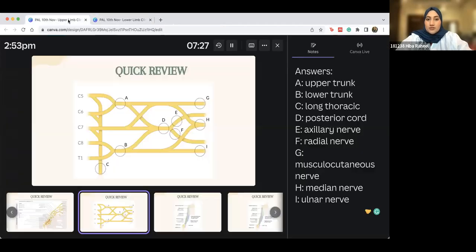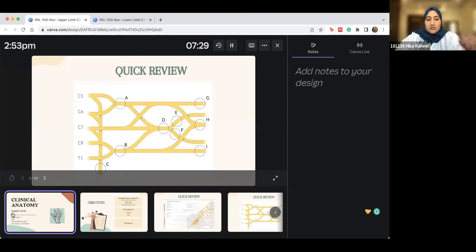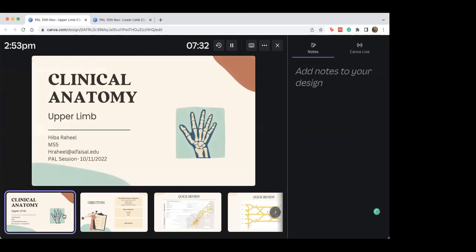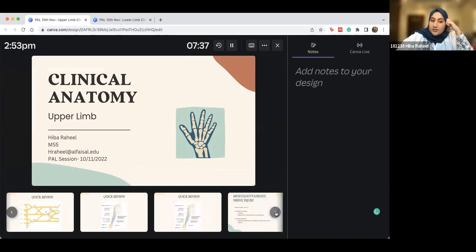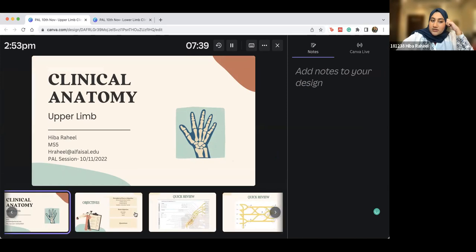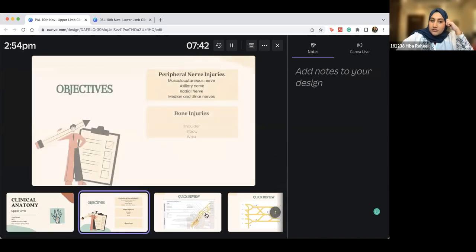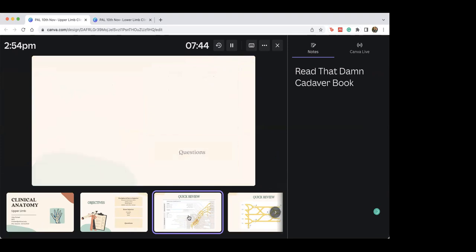Okay, so can you see my screen? Yeah, we can. Okay, I'm going to move forward. Can you guys see the animations? Yeah, we can. Okay, perfect.